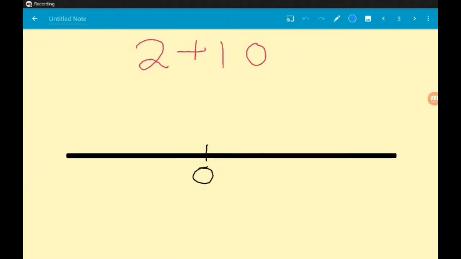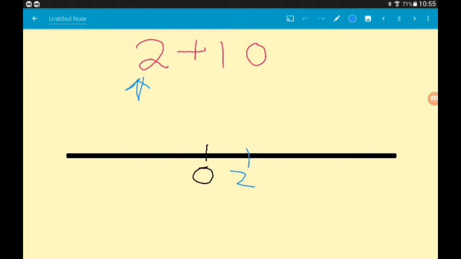Okay, first up then we're going to start with a nice easy one, 2 plus 10, just to get us used to how to use a number line. So, the first number that you're given, I like to think of as your starting point. So we're starting here at 2. Anywhere to the right of 0 on our number line, let's whack a cheeky little 2. Now, the second number is our instruction.